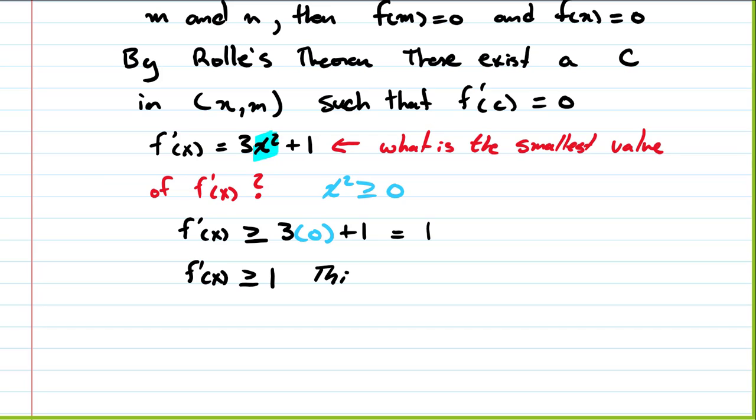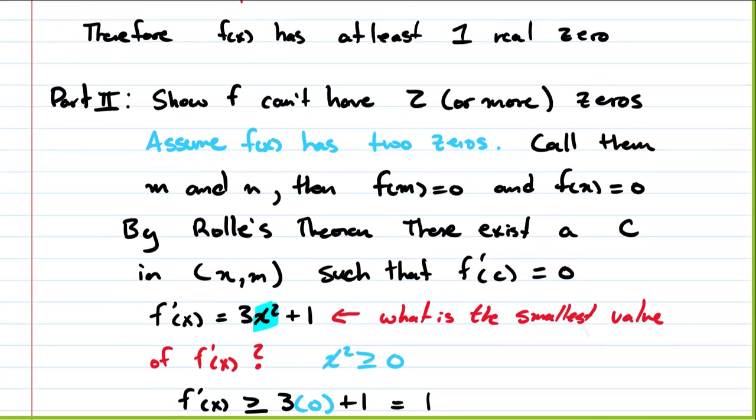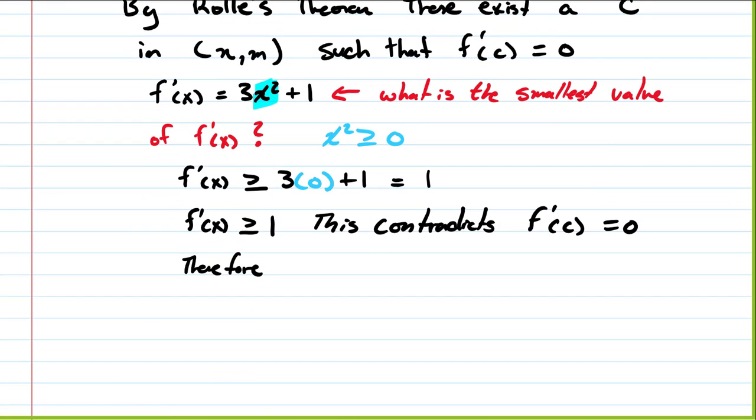This contradicts f prime of c is equal to 0, because 0 is less than 1, right? Therefore, f can't have 2 zeros.